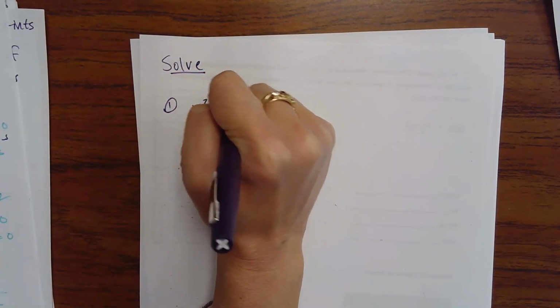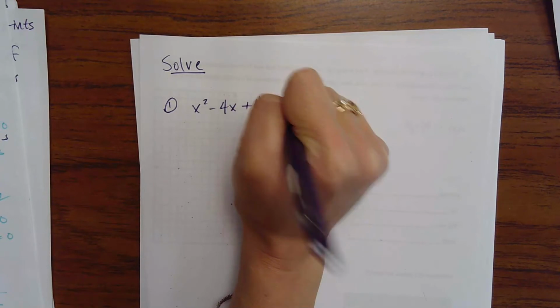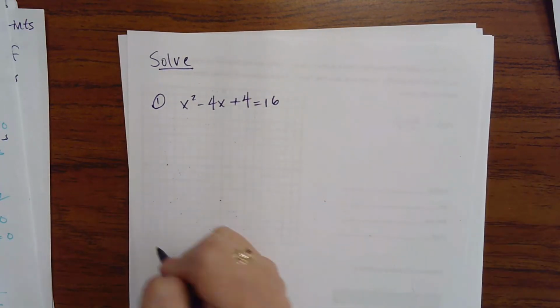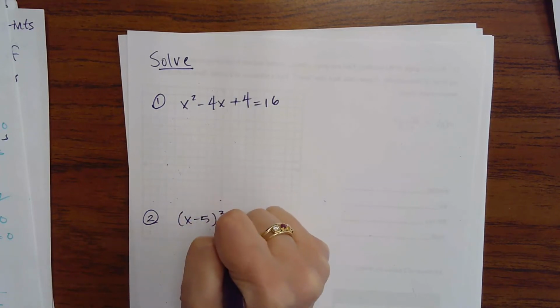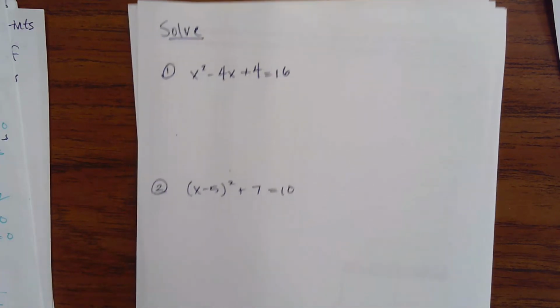So I'm going to write down a bunch of equations, and I want to go through them here in a bit. So go ahead and write these on your paper, and we're going to solve these together.